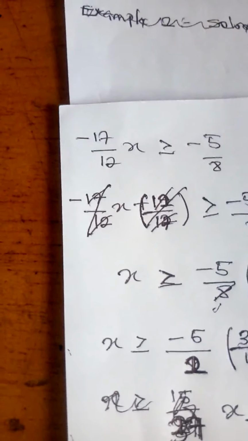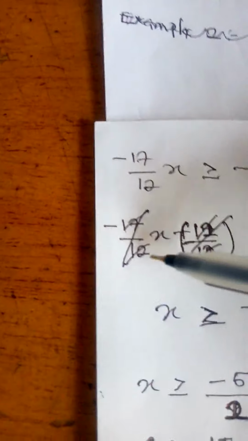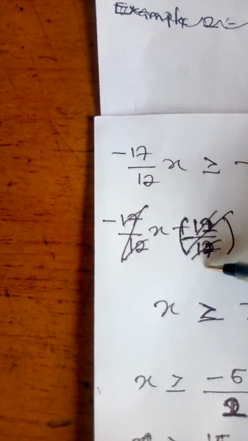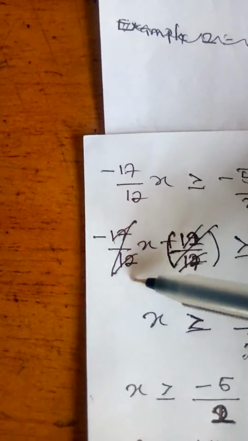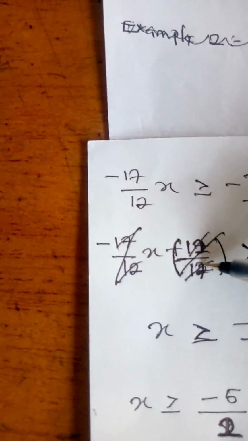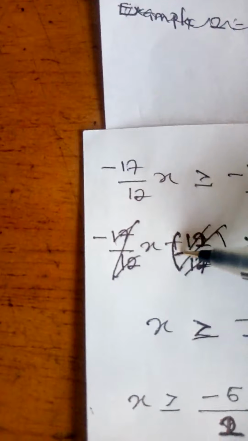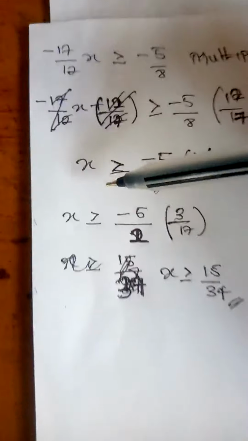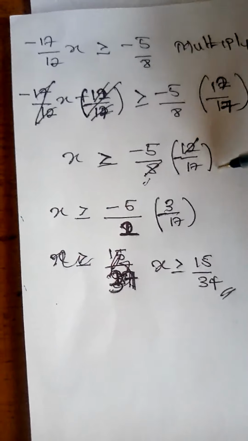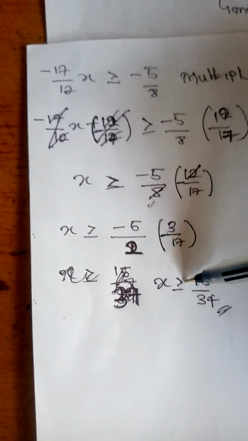When it came in, now it's 17 over 12 and 12 over 17. This 17 crosses 17, 12 crosses 12, this comes as minus 1 times x. Now here we have x isolated on its own, and the same is done to the other side also. After solving everything, we got this.